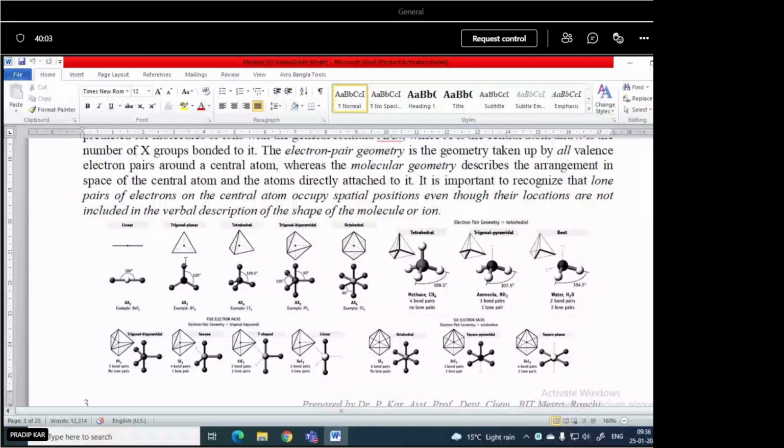For AX5 or PF5, it is trigonal bipyramidal. Trigonal means the triangle in the plane has 120 degree angles, and 90 degree angles above and below. And for octahedral structure, it is SF6, an AX6 compound.